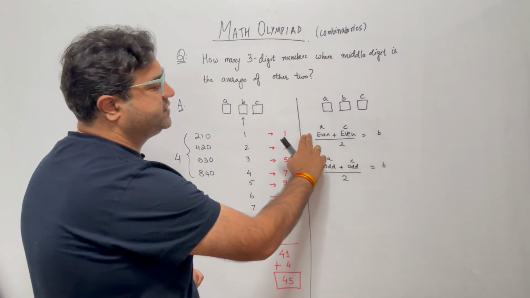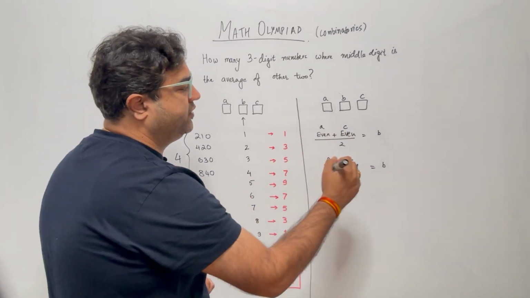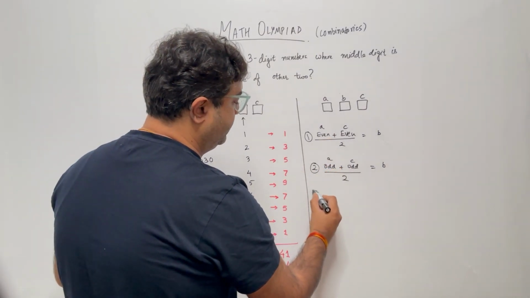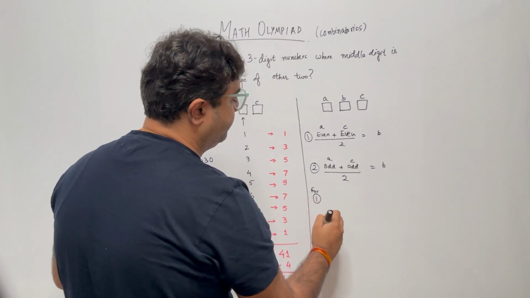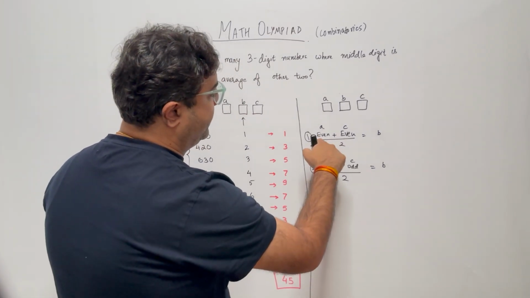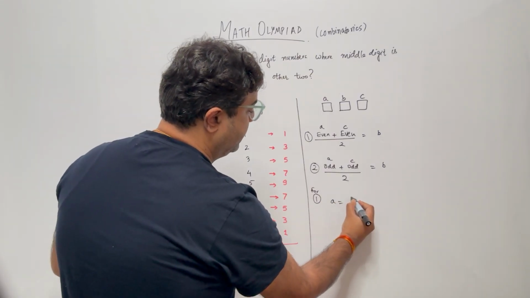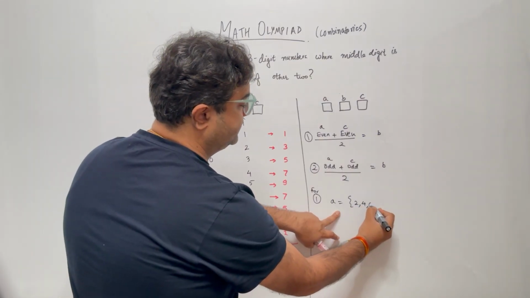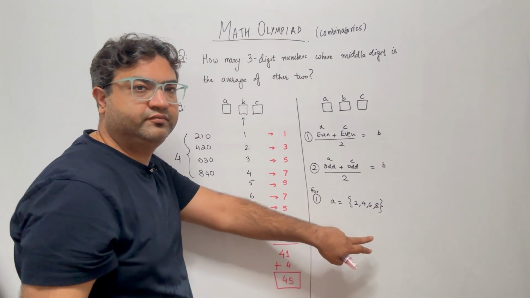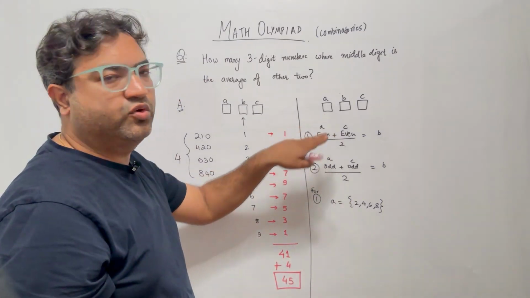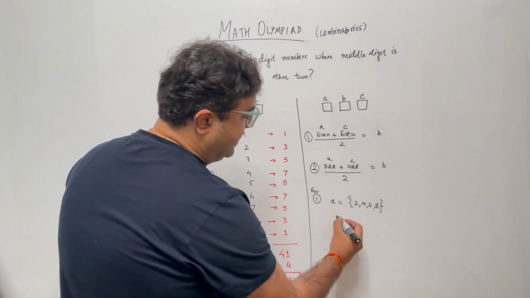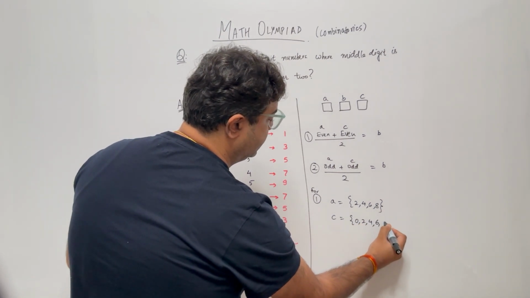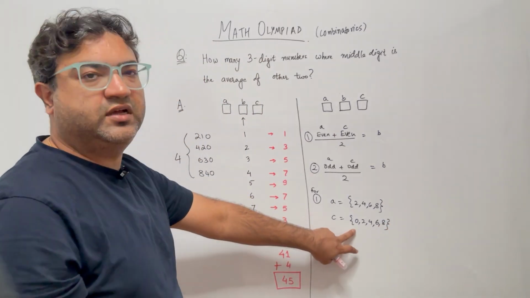What are the different ways A and C can be even? For the first case, A has to be 2, 4, 6, or 8. Correct? It cannot be 0 in any case. And C can be 0, 2, 4, 6, 8. So we can have a 0 in C.